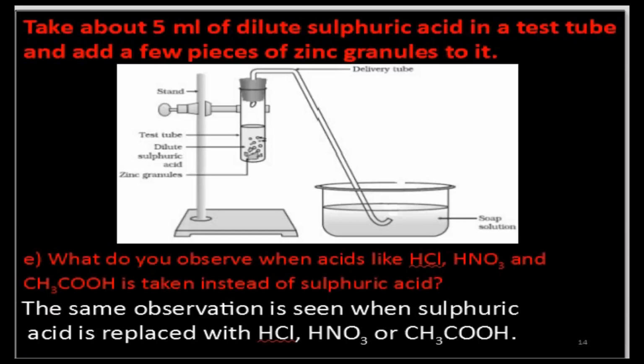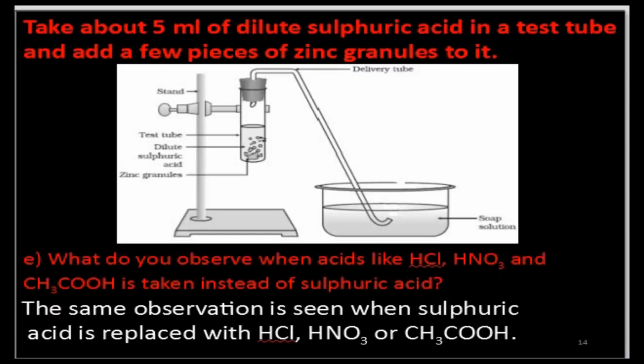The same observation is seen when sulfuric acid is replaced with hydrochloric acid, nitric acid and acetic acid. As soon as the acid is added to the metal, immediately the metal combines with the acid and hydrogen gas is displaced. Here, the metal displaces hydrogen gas from the acid.